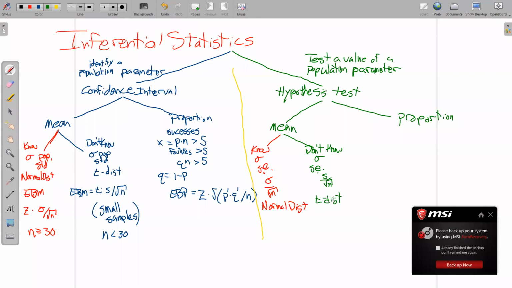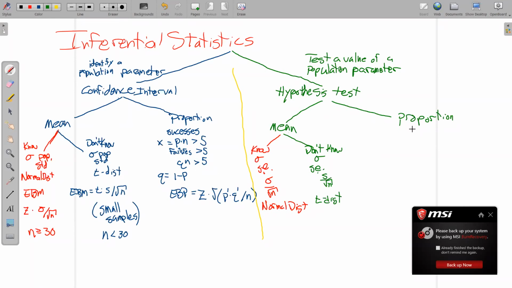And we can either use StatKey or a spreadsheet to do normal and t distribution calculations, which we started working on last week. Anything else I need to mention there? I think that's good. And again, with the hypothesis test, the main thing we're trying to figure out is the p-value. And I'll review what a p-value is in a moment.